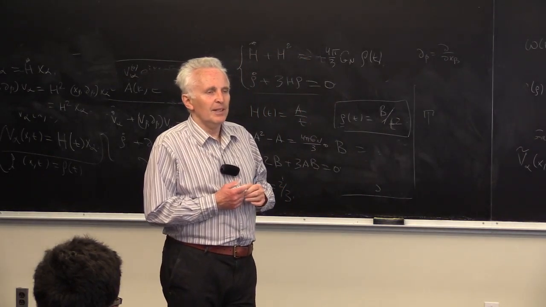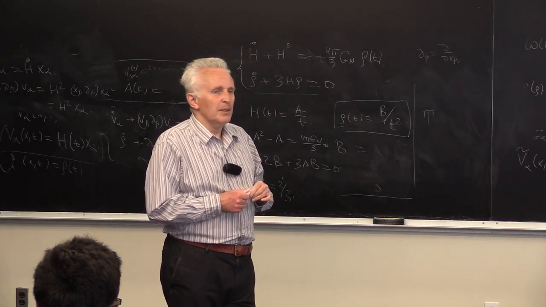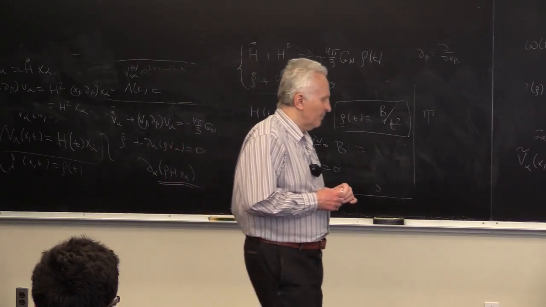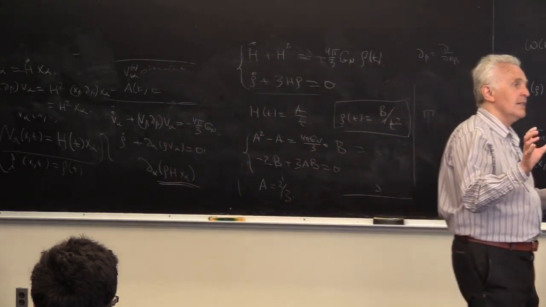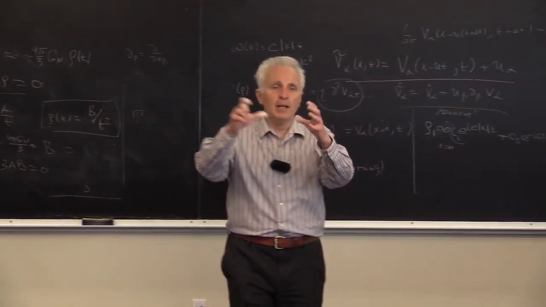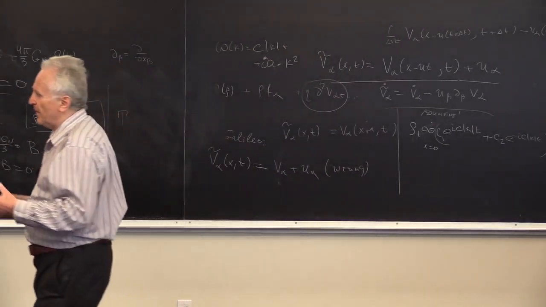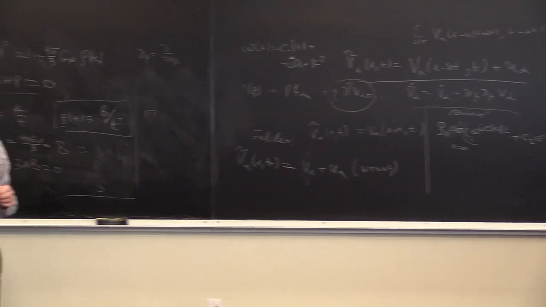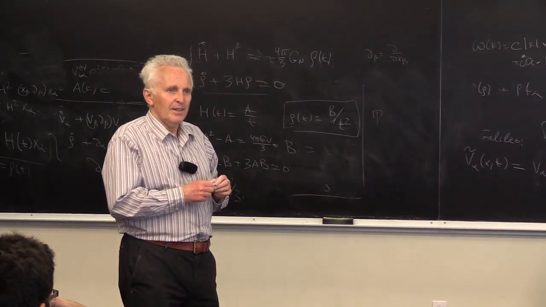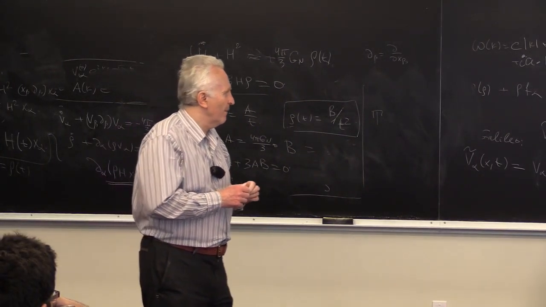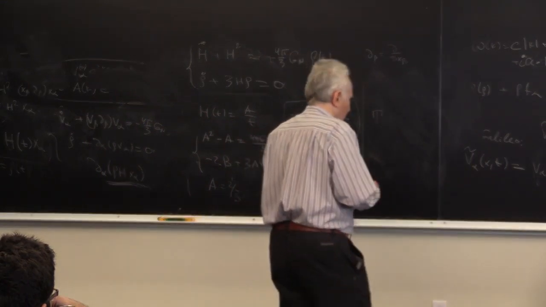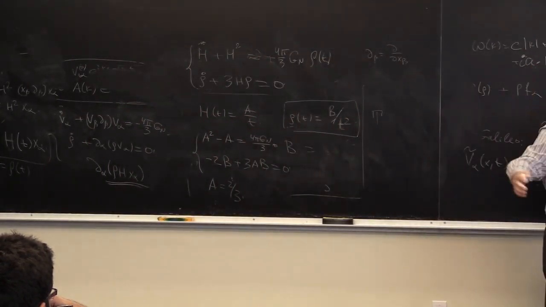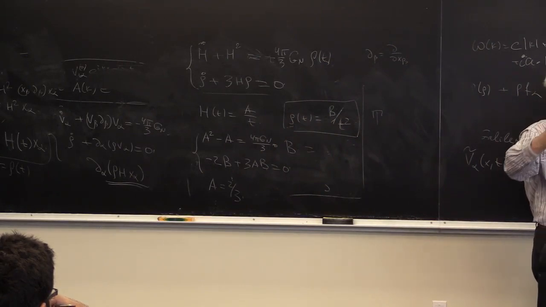What is the law of radiation which we can use here? How does the energy density of radiation depend on temperature? You have a black body. Imagine you have a hot black body in a box, and then there's thermodynamic equilibrium.